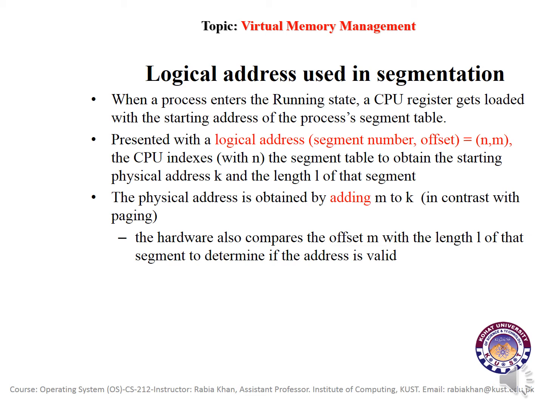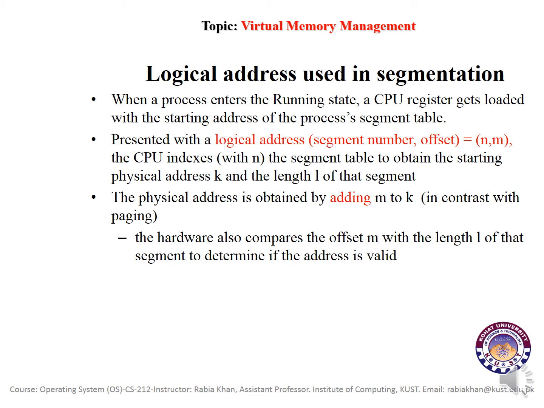When a process starts execution, the CPU register is loaded with the starting physical address of the process segment table. The logical address of a single instruction within the segment is made up of two pieces of information as mentioned previously.